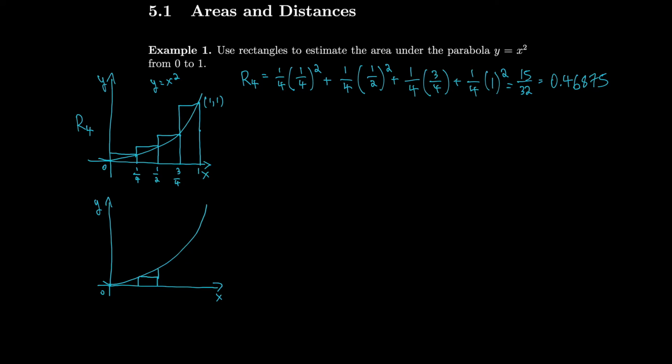And then here's my next one with the left side touching at 3/4. Oops. And then my last one. Okay, so this one had the left side at 1/4 touching, left side at 1/2, left side at 3/4, and we end at 1.